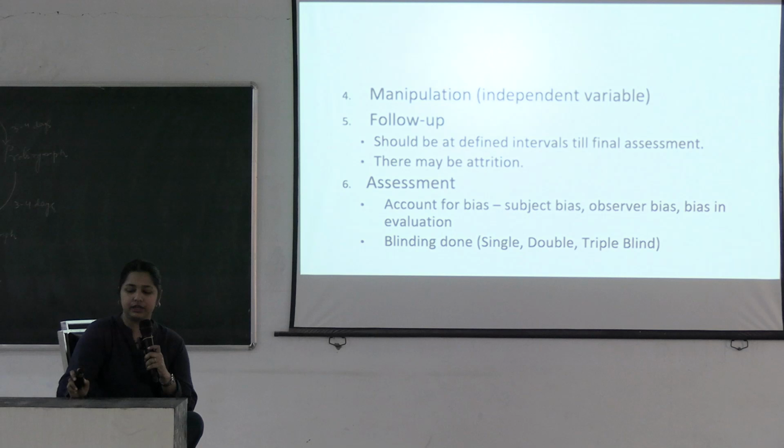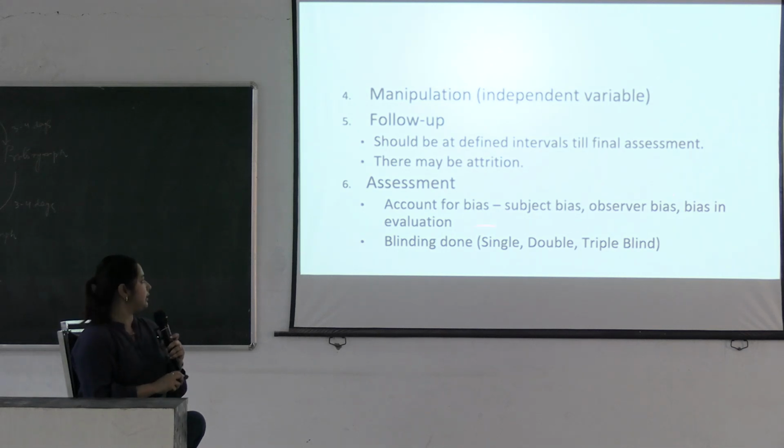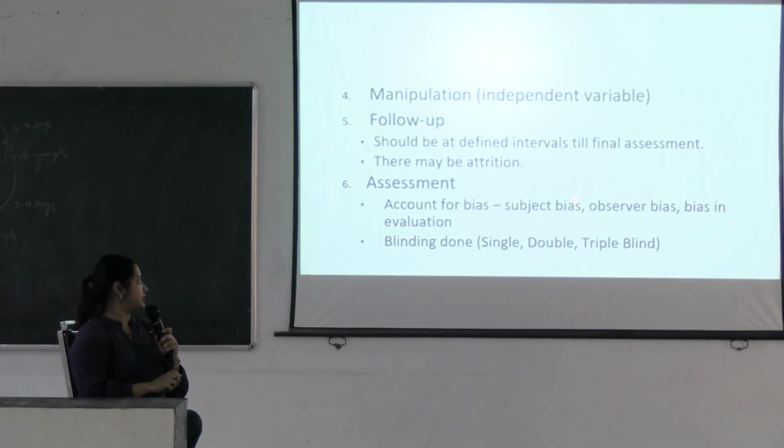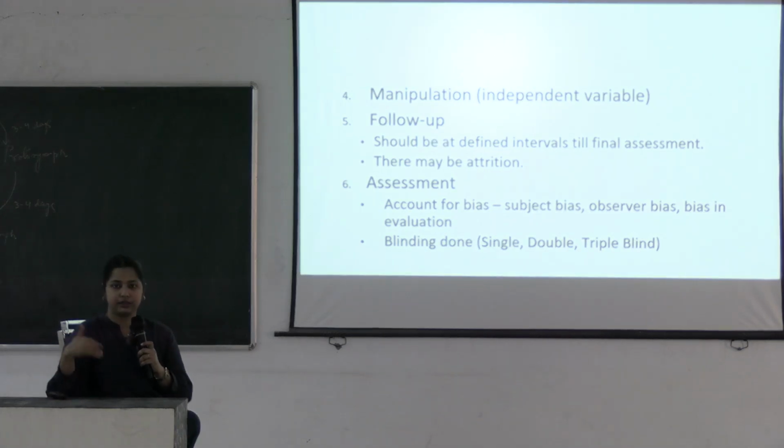For that, in an RCT, for this bias especially, blinding is done: single blind, double blind, triple blind. Blind means that the person will not know. They are blind to whatever is happening. For the subject bias, there is a single blind, which means the participant does not know which group they are in.